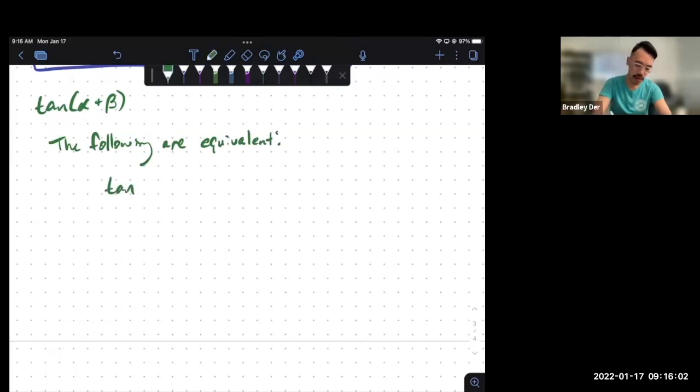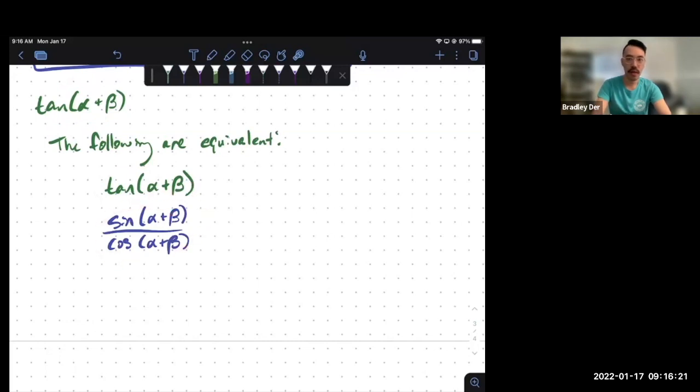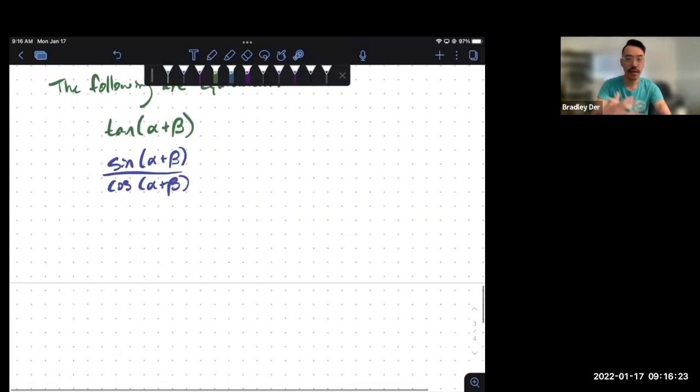Tangent as a quotient is sine over cosine. So I could rewrite this expression like so. We just found our formulas for sine of alpha plus beta and cosine of alpha plus beta.